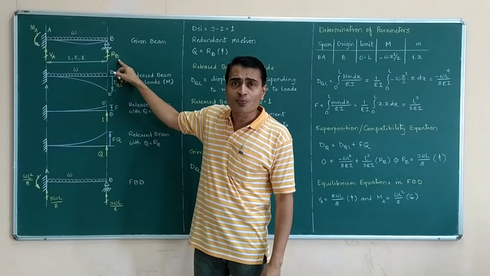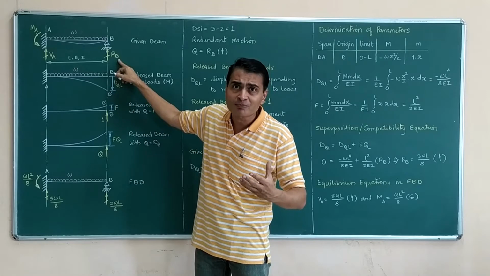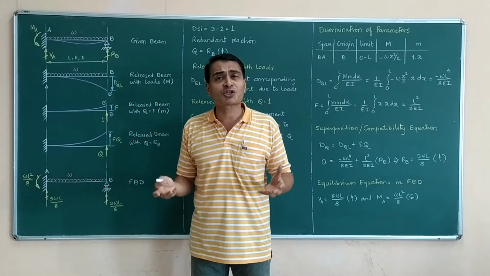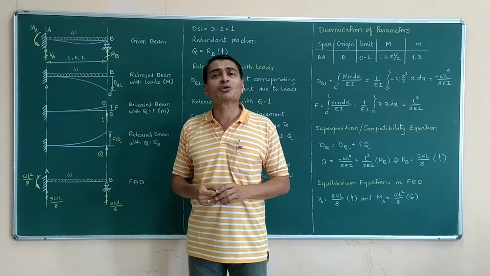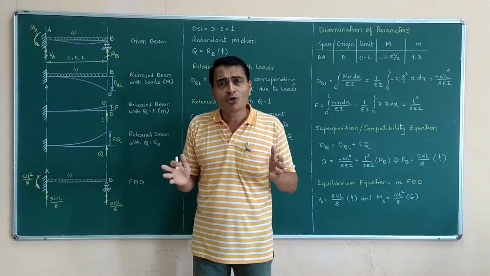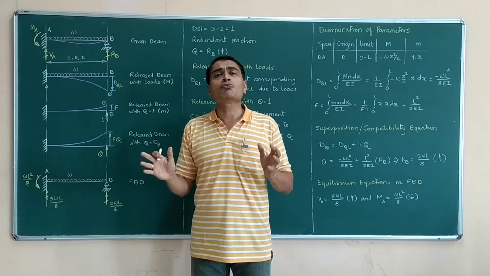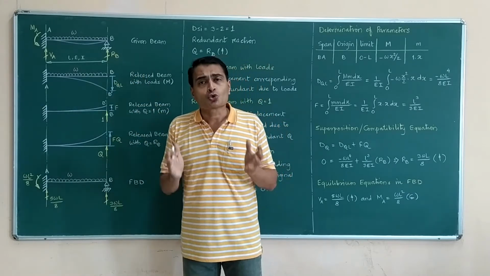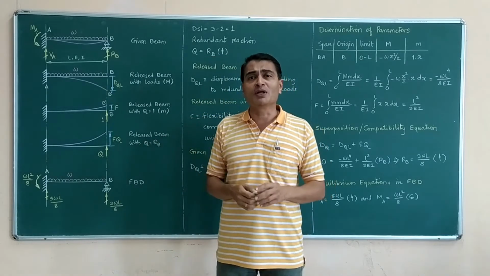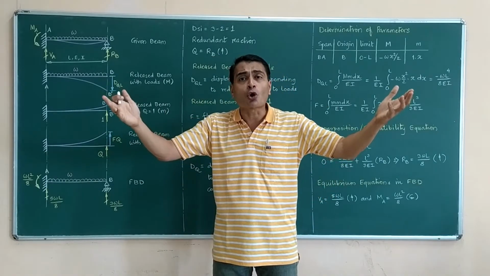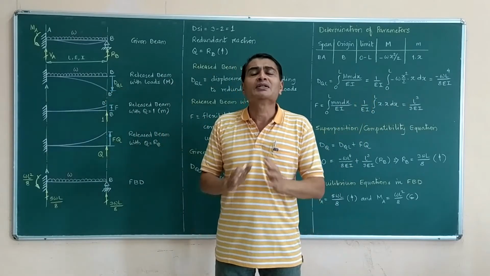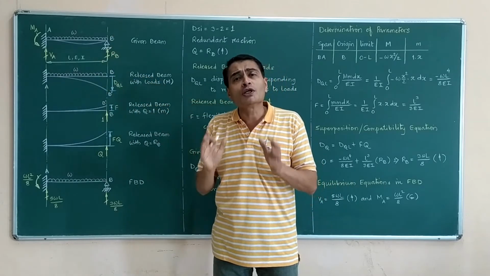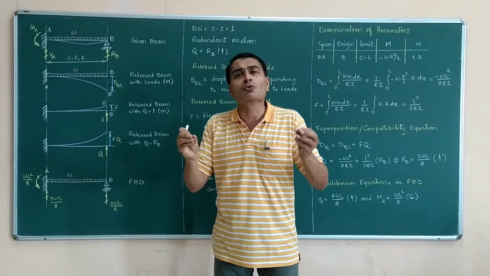This is a roller support offering only one reaction RB, normal reaction, and this is a fixed support offering moment reaction MA and vertical reaction VA. Since it's a beam, we are ignoring any kind of horizontal reaction. It is not carrying any horizontal action. So usually when we go for solving a beam problem which is not apparently carrying any horizontal action or inclined action, then we simply ignore the reaction HA and we also ignore the sigma Fx equal to 0 equation.